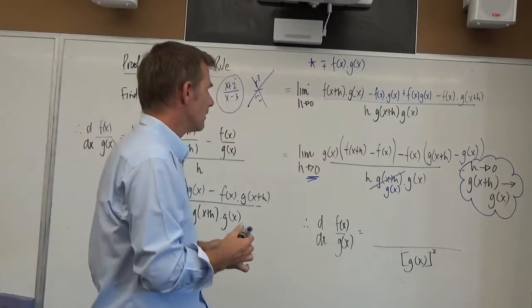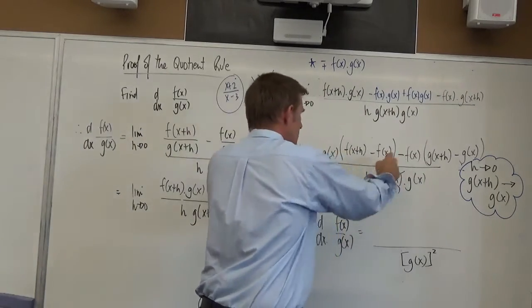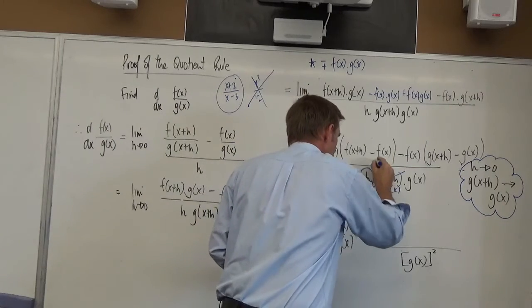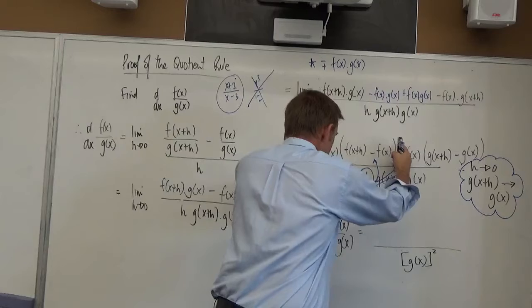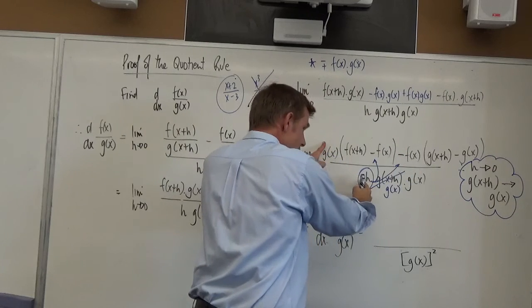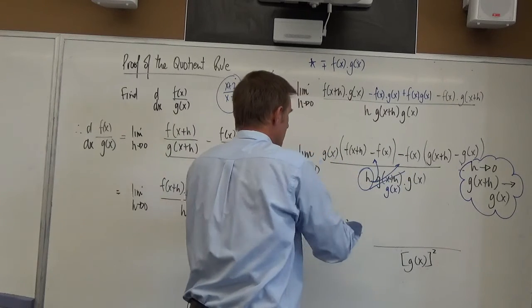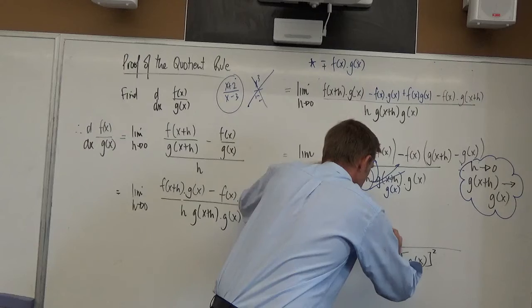And I can do that because then this part here with this h taken back up here, can you see how I'd have this divided by h? And isn't that g of x?